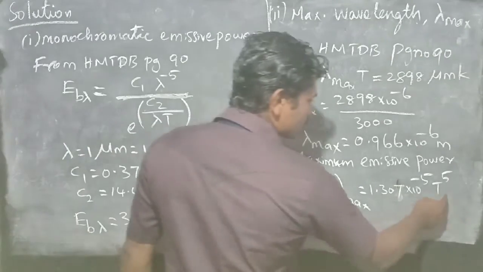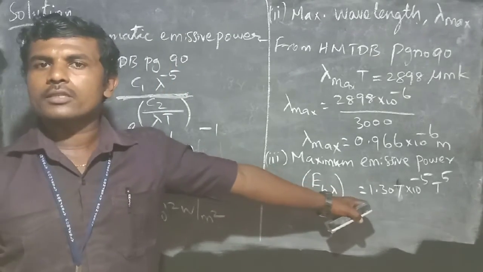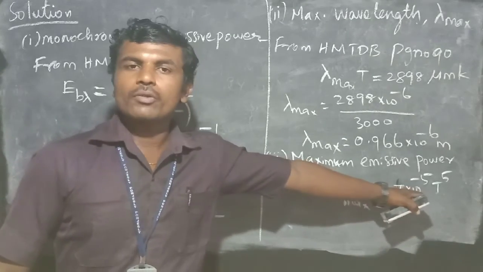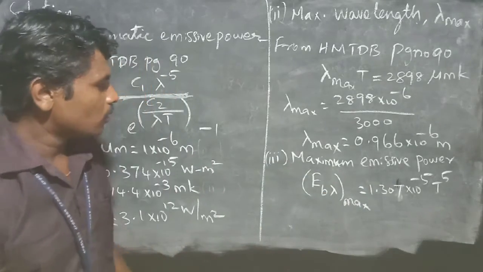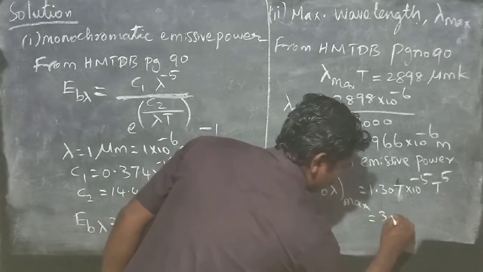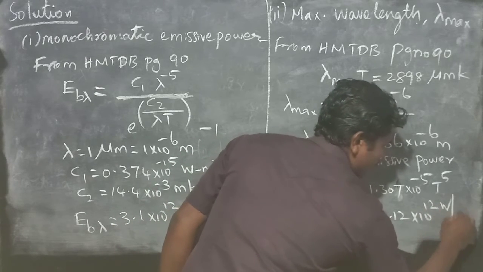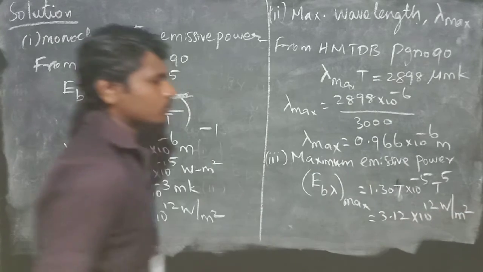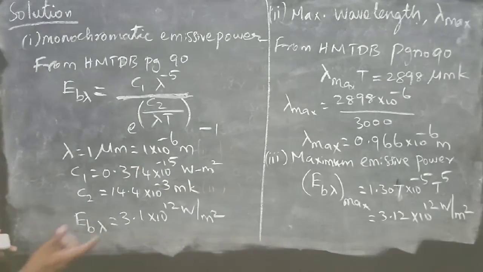Here we know the value of temperature. Substitute the value of temperature here and find the maximum emissive power. The value will be 3.12 into 10 power 12 watt per meter square.